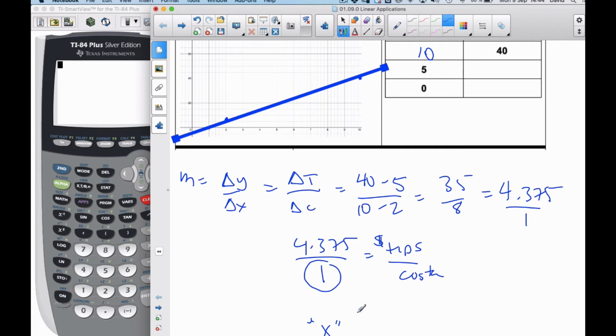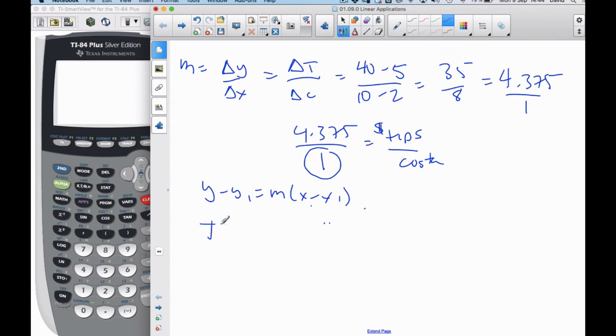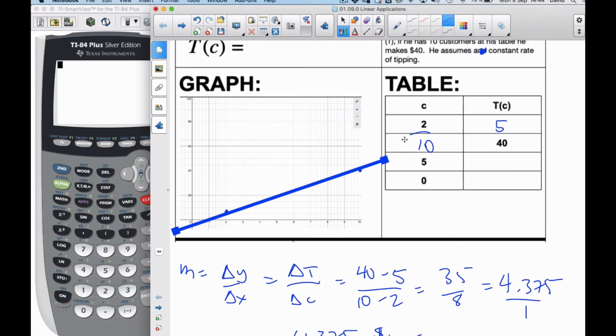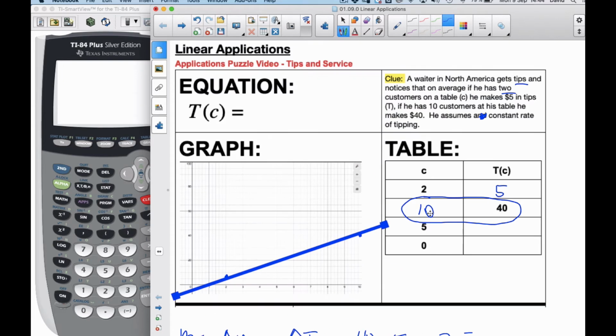And if we remember the equation, I can use this formula, y minus y1 equals m x minus x1. But if I adapt this formula, that's the same as saying t minus t1 equals m c minus c1. And if I decide to use, let's say, this point here, I go t, well, this is t1, it'd be 40, equals, my slope is 4.375 c minus 10.